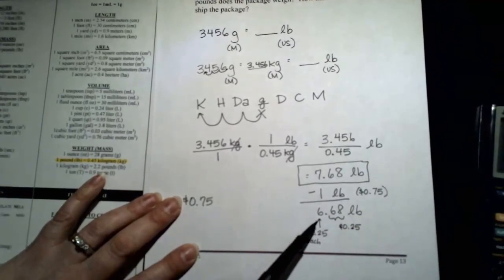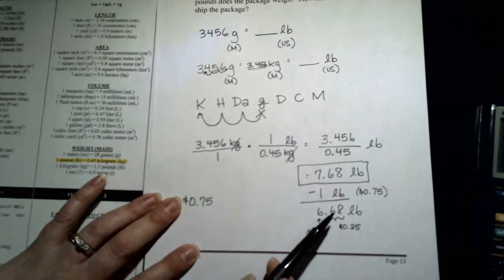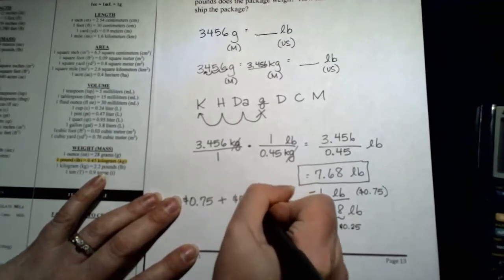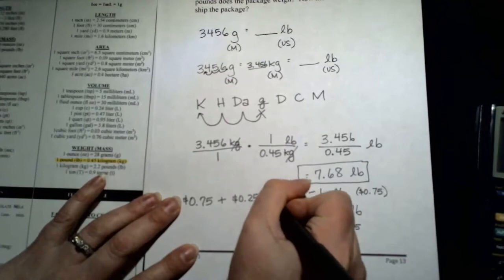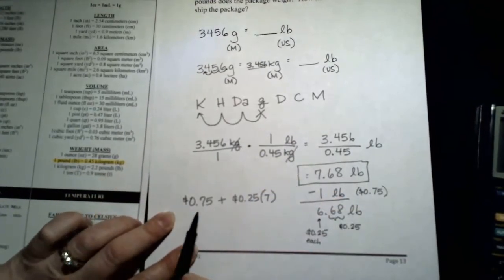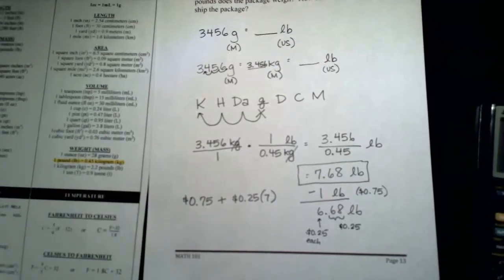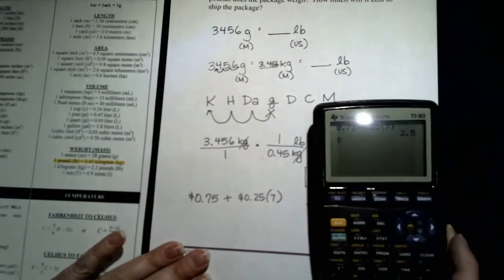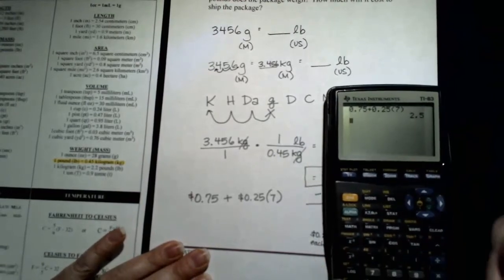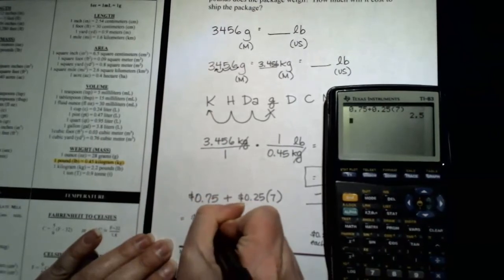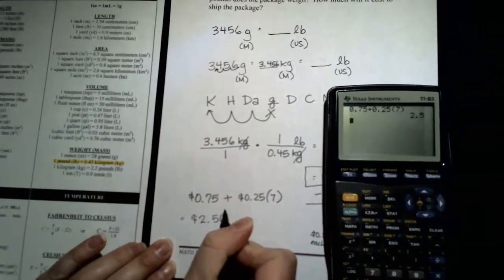So we need to multiply 25 cents times 7 and add it to our first pound. After I plugged that in, I got 2.5, which means it's going to cost $2.50 to ship the package.